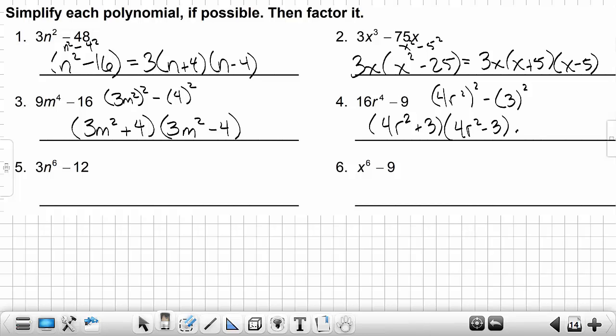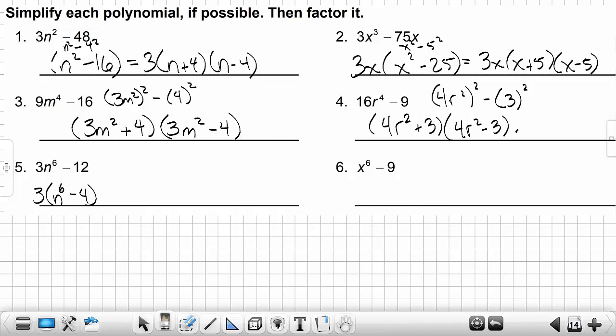Okay. Kaya, what can I factor out of this first? 3. Yes. All right, Kaya. Because I can factor 3 out of both terms. Remember, the first step is always, is there something I can factor out of everything?